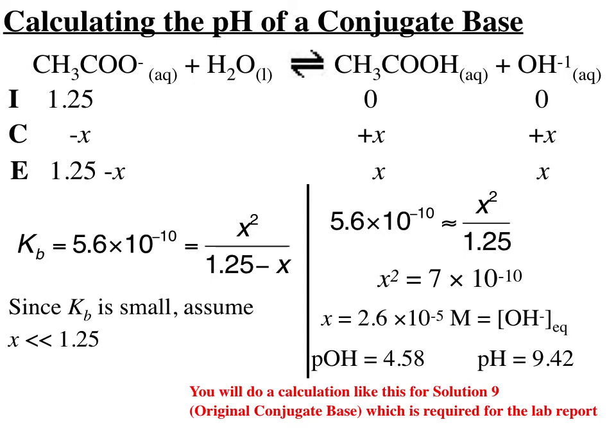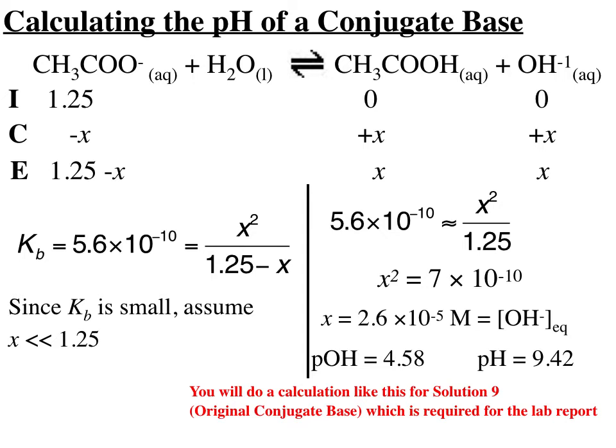Now again, what I should do is multiply both sides by 1.25 minus x, gather up all the terms, solve the quadratic, and get 2 values for x. Or, because K is small, I make the assumption that the product side of the reaction is small.